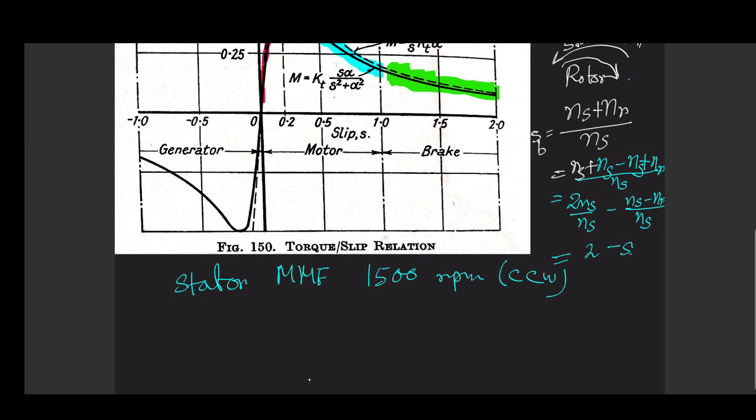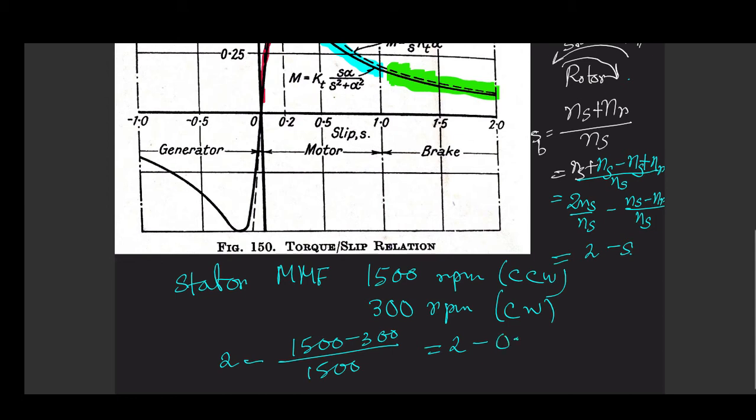Now consider your rotor is rotating at a speed of 300 RPM clockwise. Then what would be the value of slip? The value of slip will be 2 minus (1500 minus 300) by 1500, that is 2 minus 0.8. So your slip will be 1.2.